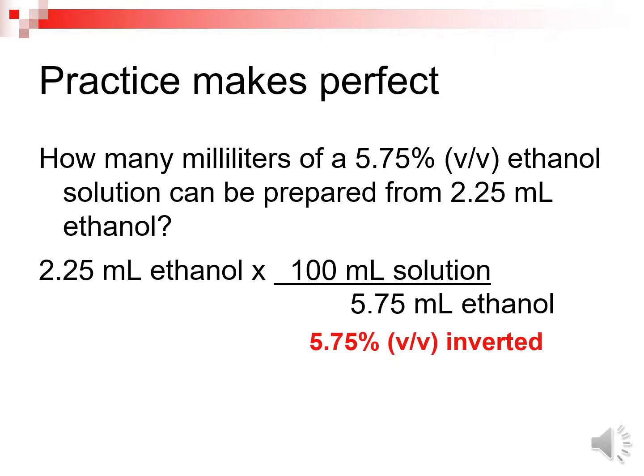So in this case, we are going to use the flipped version of the conversion factor. 2.25 milliliters of ethanol times 100 milliliters of solution over 5.75 milliliters of ethanol. So we inverted the 5.75 volume over volume ratio. 2.25 times 100 divided by 5.75 is 39.1 milliliters of solution can be made from 2.25 milliliters of ethanol.